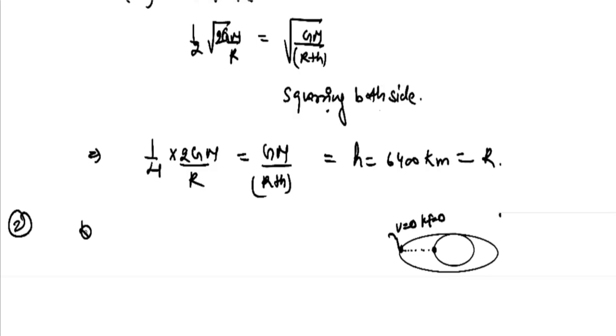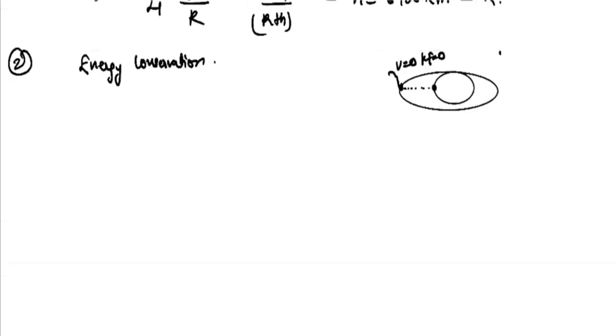So from energy conservation we can say, let's consider this to be point A and this to be point B. The potential energy at point A minus potential energy at point B is equal to the kinetic energy.